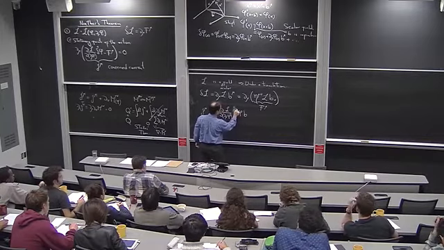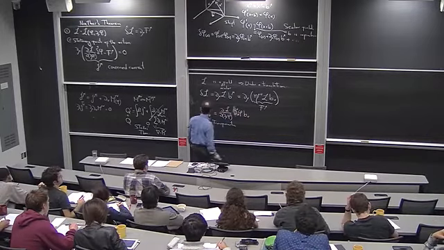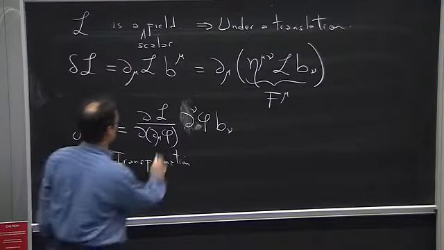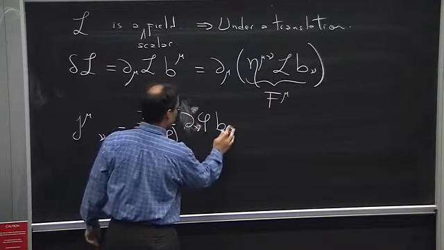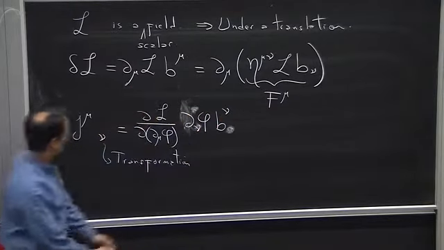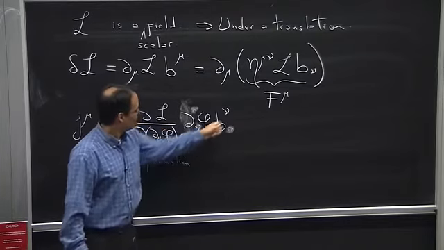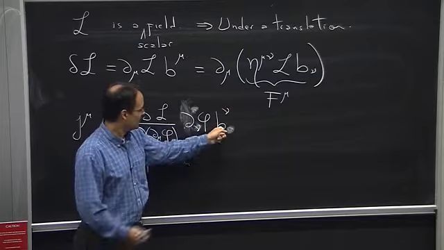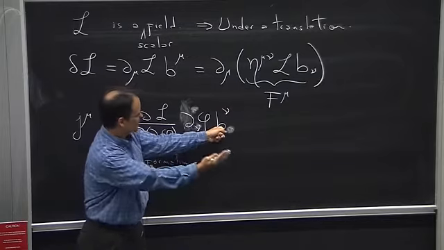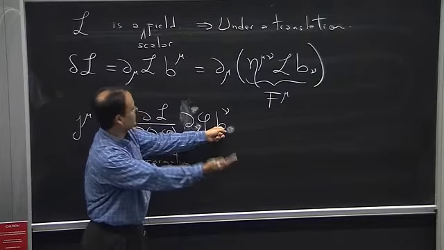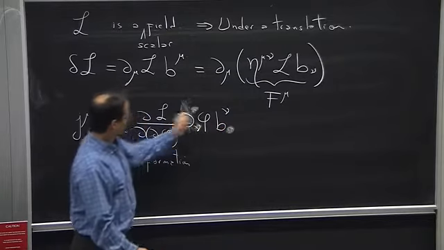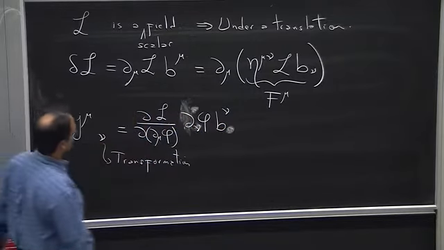Let me actually put this index down and this one up. Sorry about that. So I'm treating everybody at the same time, but it's clear that B can be any vector, so it could be in the x direction only or in the y direction only, and so I'm going to get different currents.